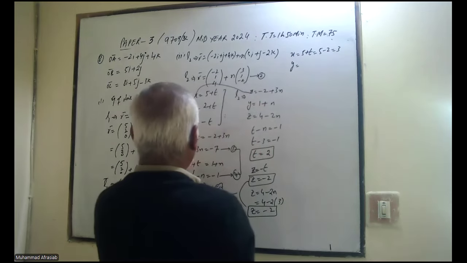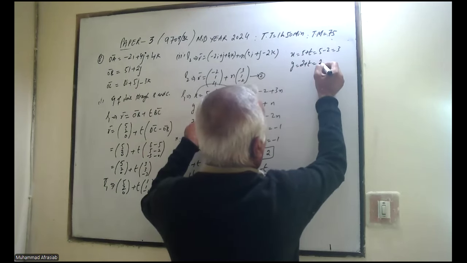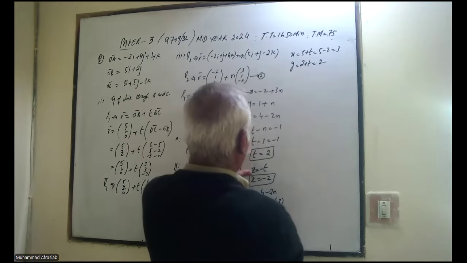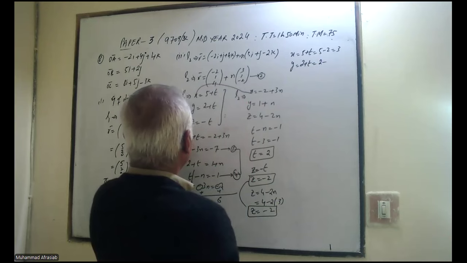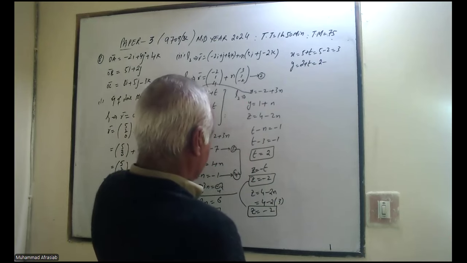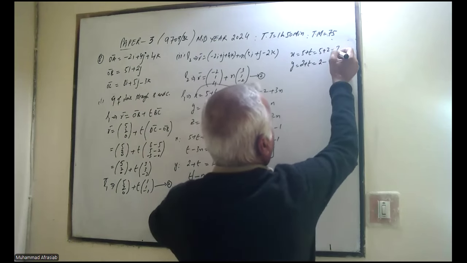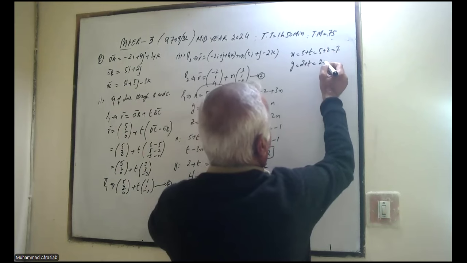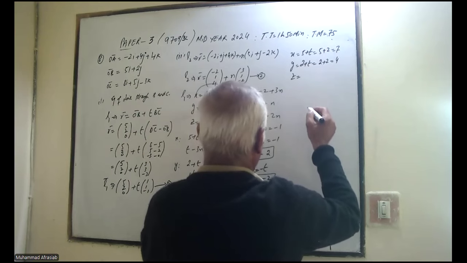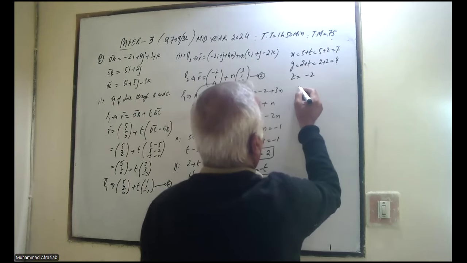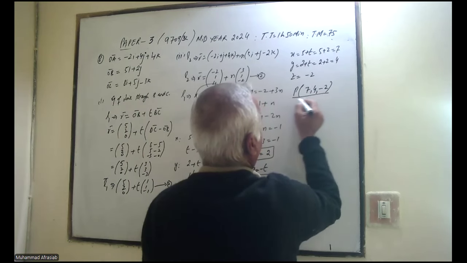Y value is equal to 2 plus t, and the t value is 2 there. So 2 plus 2, that is equal to 4. And the z value is already calculated there, which is equal to minus 2. So the point of intersection will be 7, 4, and minus 2 there.